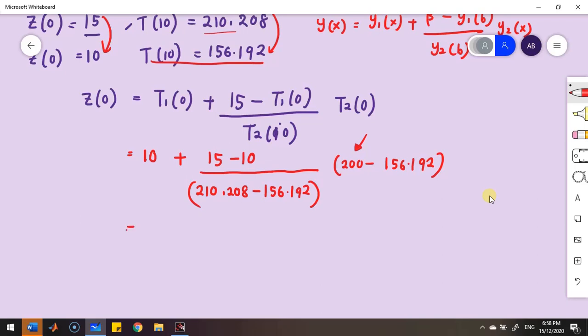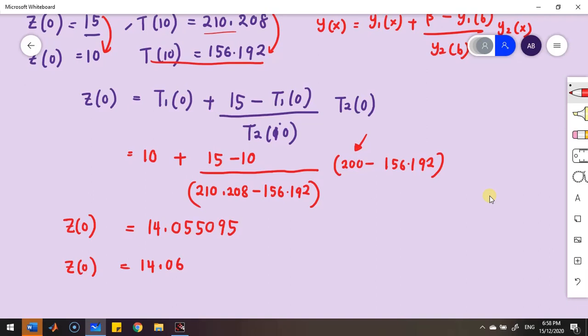Okay, so what you get by doing this calculation, you will end up with Z0 equals 14.055095. Or I can use 14.06. This is the estimated initial.